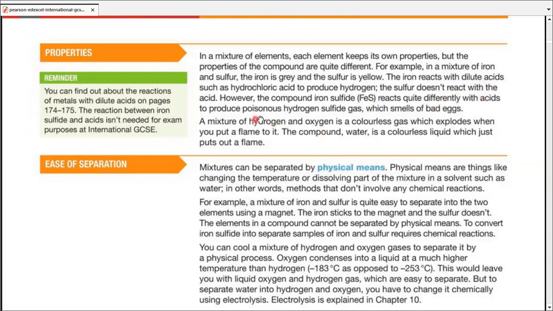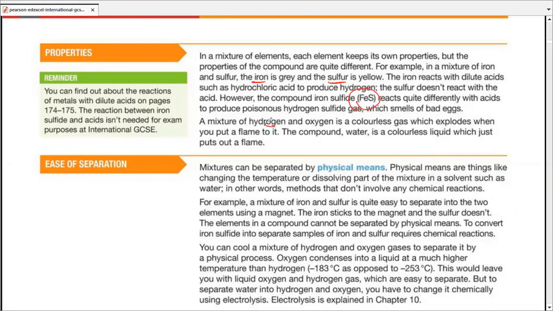With acid, it produces poisonous gases, which smell of bad eggs, right? So the compound that we form out of the elements can be entirely different from the elements themselves in appearance, in colors, in odors or smell, in how they behave or how they react.